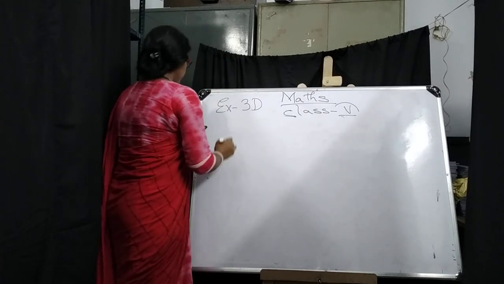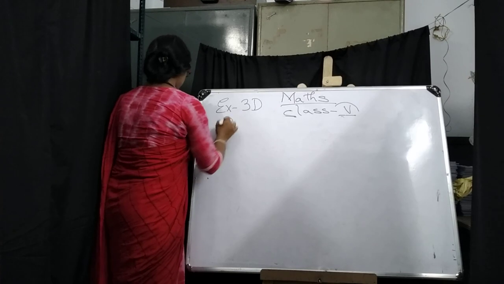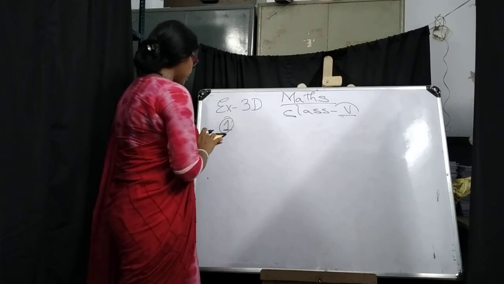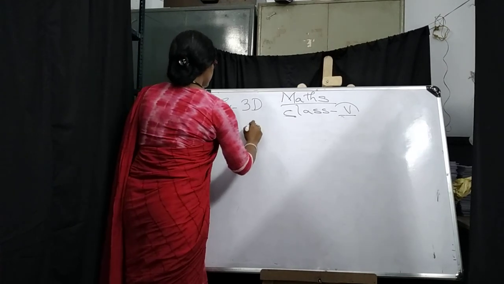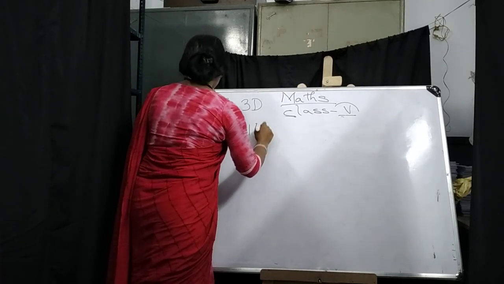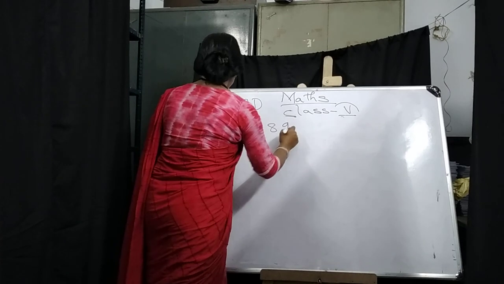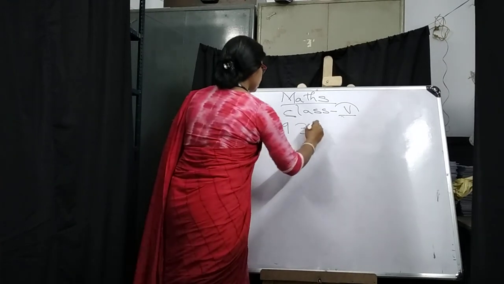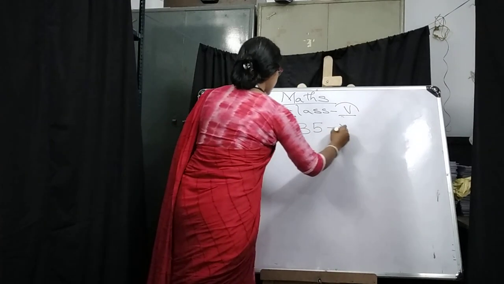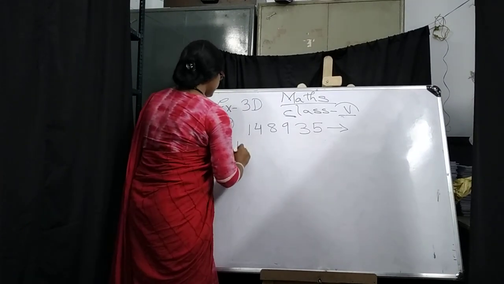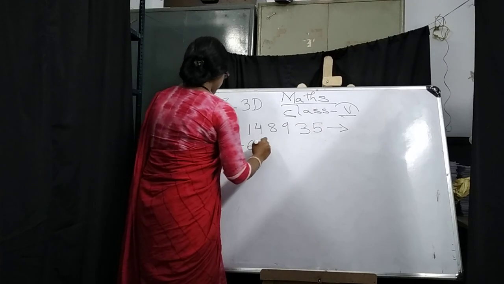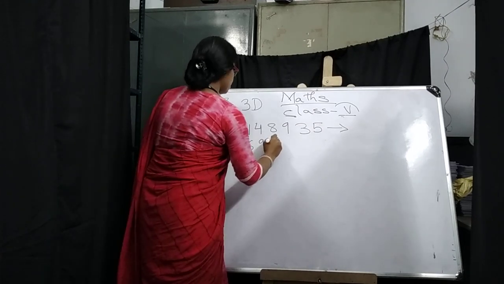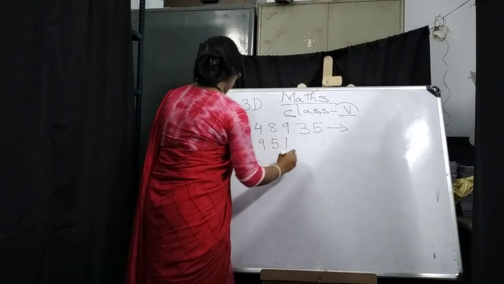Sum number 1. Estimate the sum and the differences. 1,48,935 plus 6,95,121. We have to round it off.